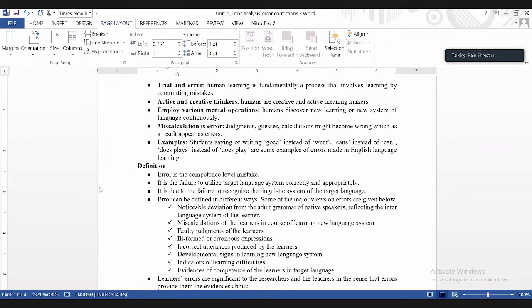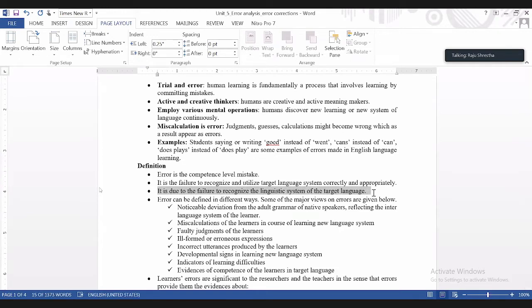There are different ways of viewing errors. Error भनेको के हो भन्दाखेरि simply we said this is competence level mistake is error. So this happens due to the failure to recognize and utilize the target language system correctly and appropriately, errors appear.